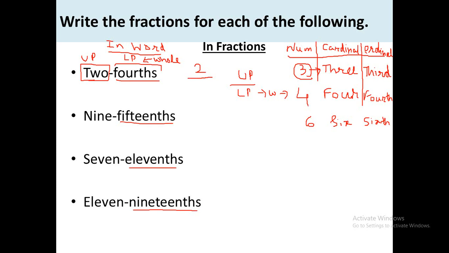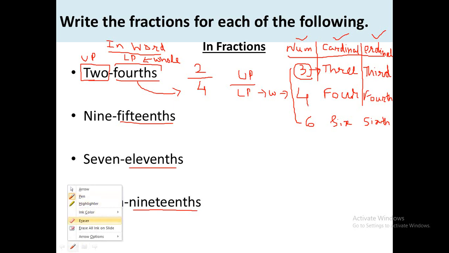Then I will write the whole part, the lower part. So fourth, what is the number? This is fourth, means I will write 4. Here I have explained the cardinal form and ordinal form of numbers, so don't forget.